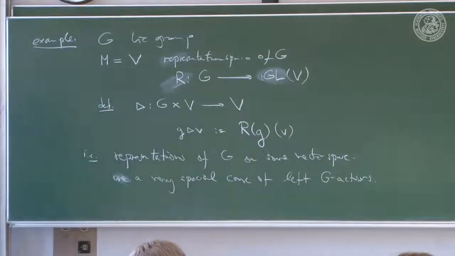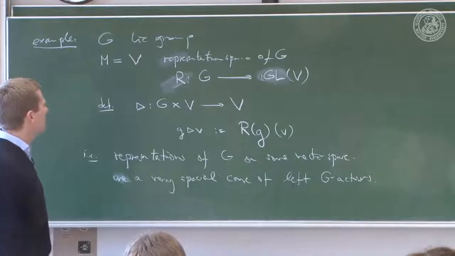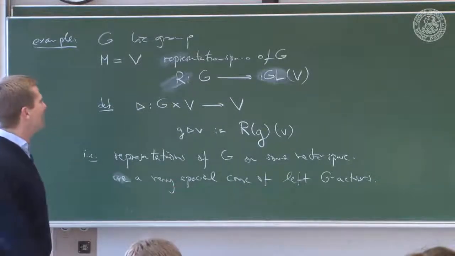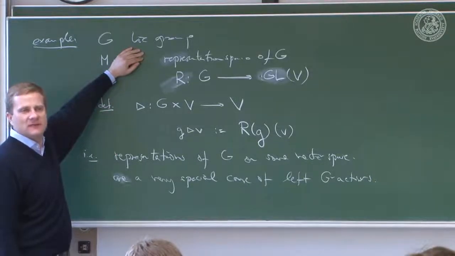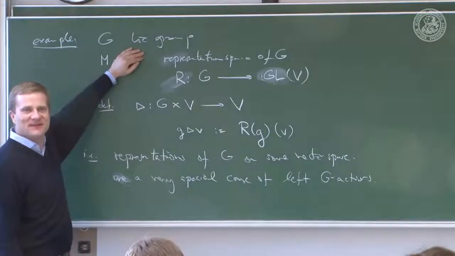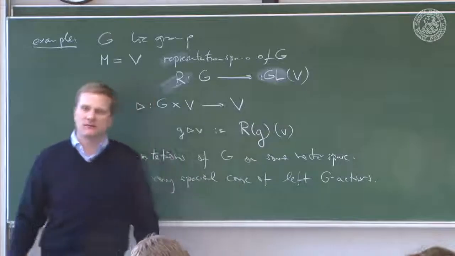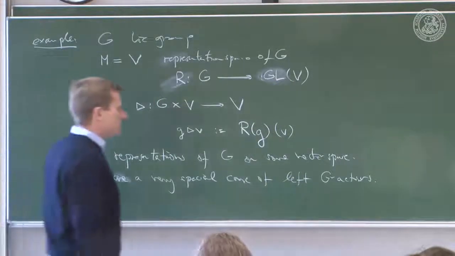Okay? So one is almost tempted to say what we get here are nonlinear representations, but nonlinear would somehow suggest it could be linear, it just is not. But in fact, if you take a general manifold, you don't have a vector space structure in the first place, so you wouldn't even know what linear means. So calling it nonlinear is somehow misleading. But it's something like this. You loosen this restriction that you act linearly there. Okay, so that's this.